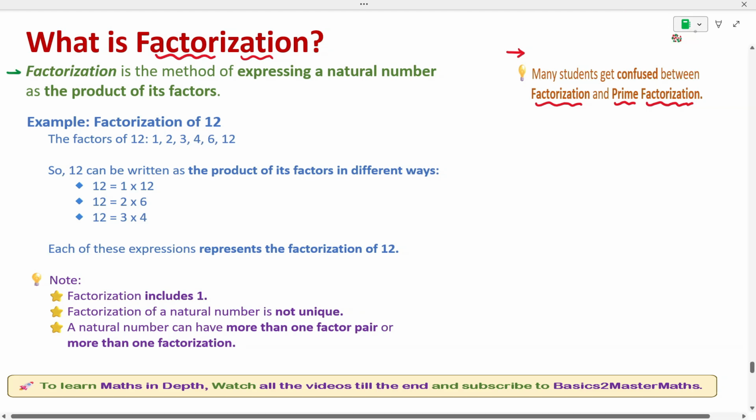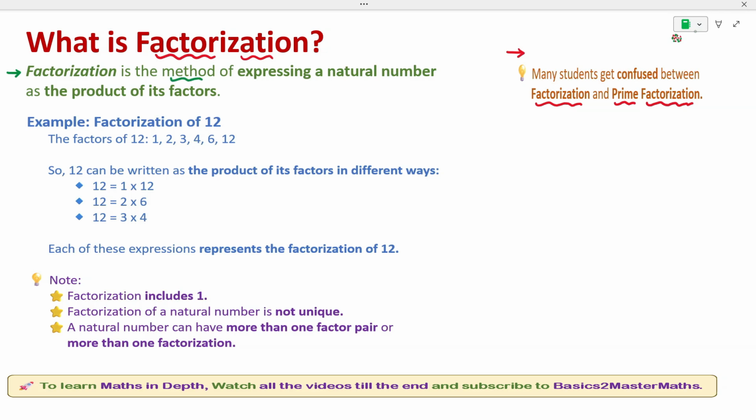The definition says that factorization is the method of expressing a natural number as the product of its factors. Got it? Let us understand the definition of factorization with an example.